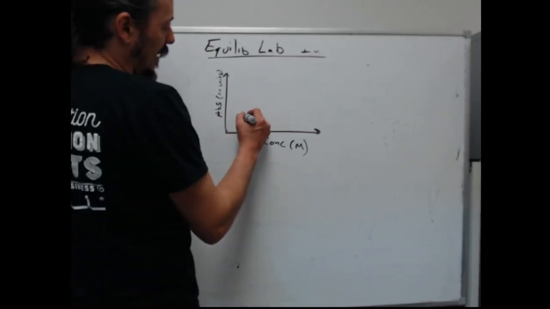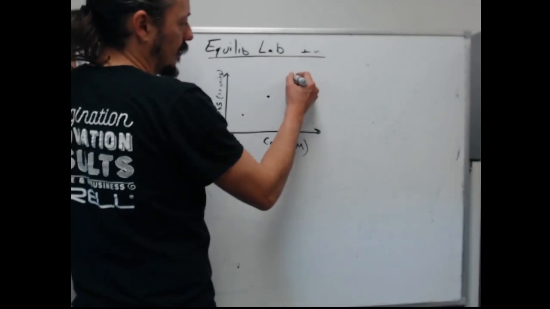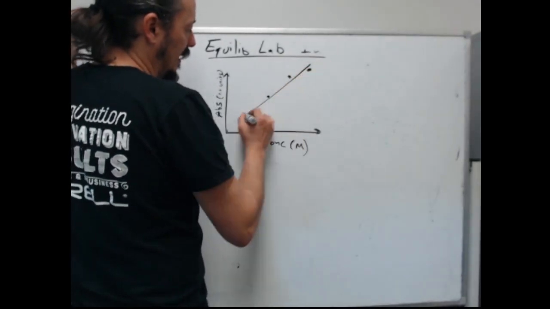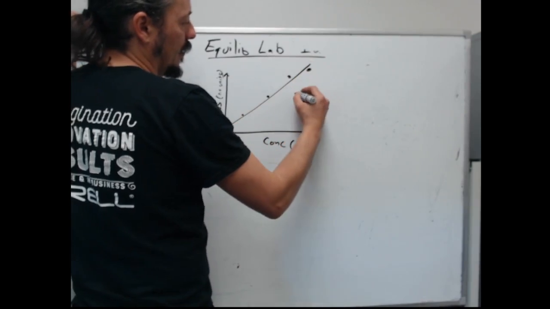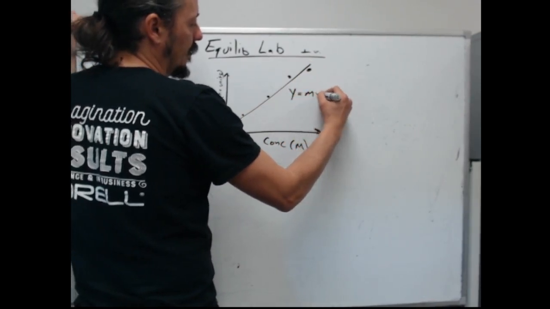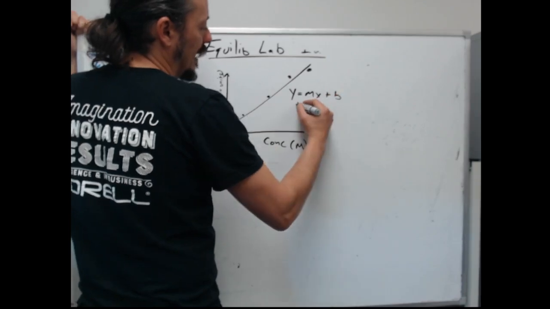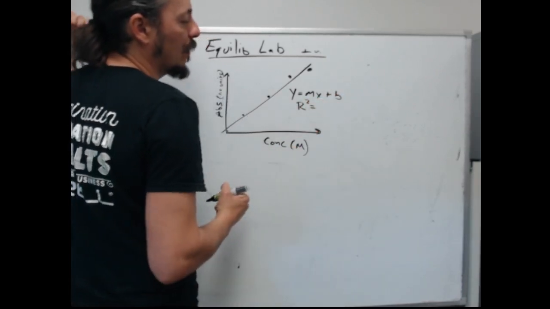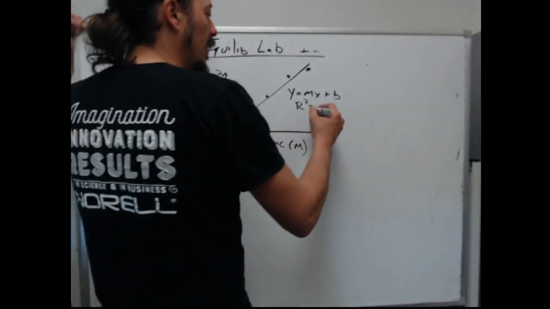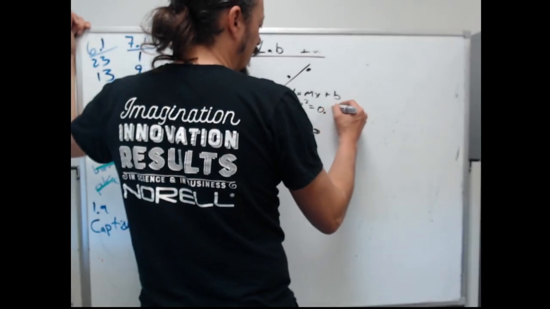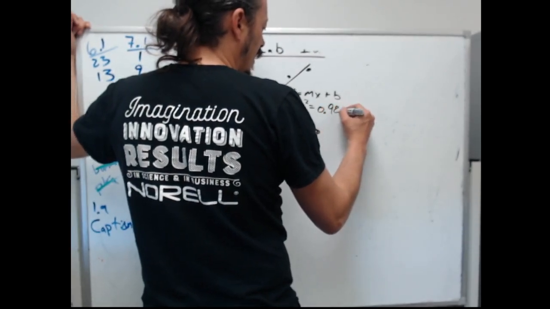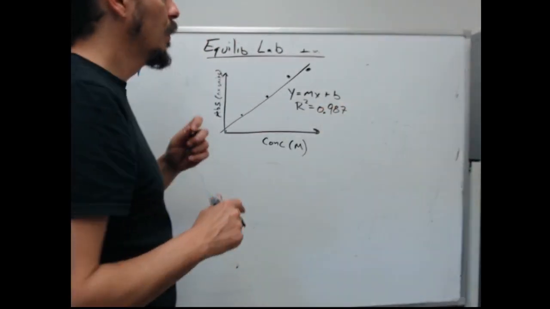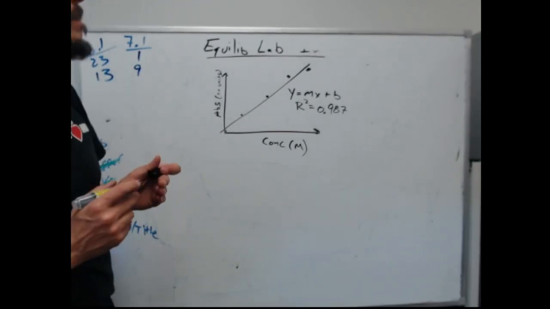We get a series of dots. We get a linear fit. We get a line for it. We get an r squared. We usually like to have the r squared on there as well. I'll say mine is 0.987. We can talk about what that means.